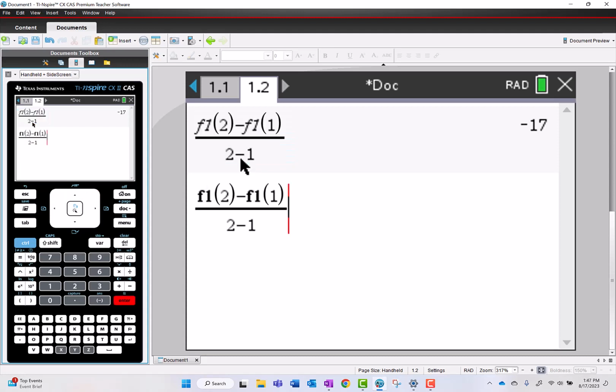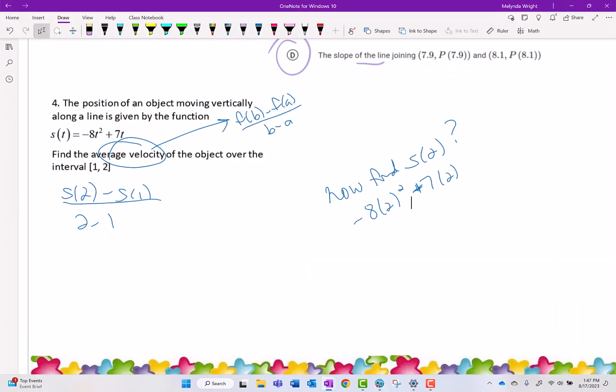It brings that whole thing down and you can just go in and change the numbers. That will be very helpful, especially on the practice. Is everybody okay with the calculator? All right, so our answer is negative 17, and they didn't give us any units, so we can just stop with that.